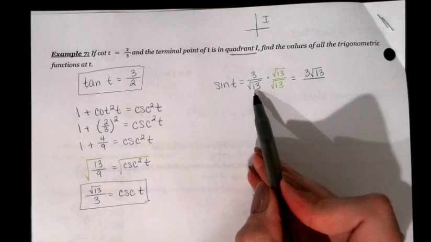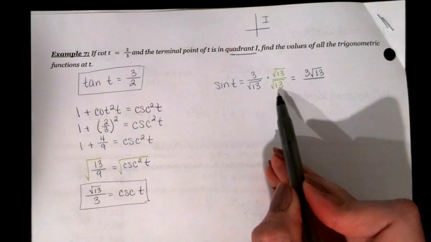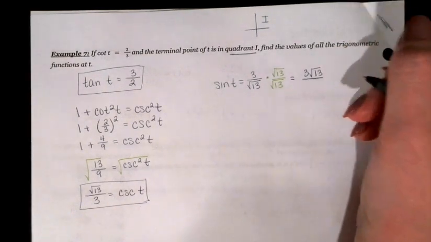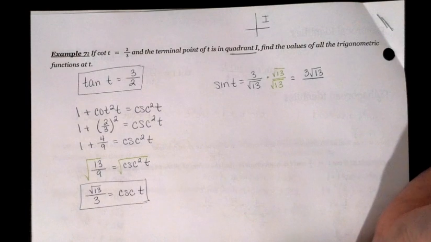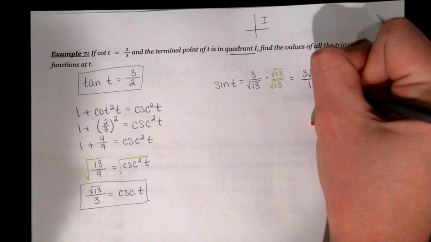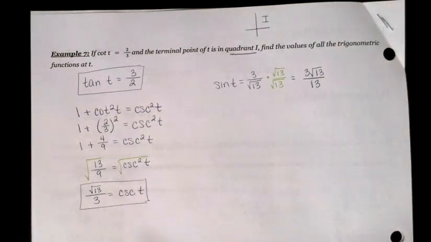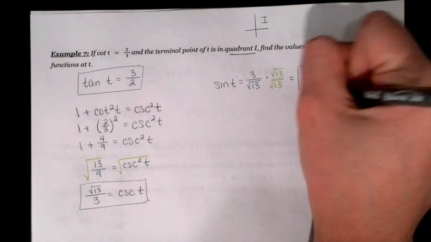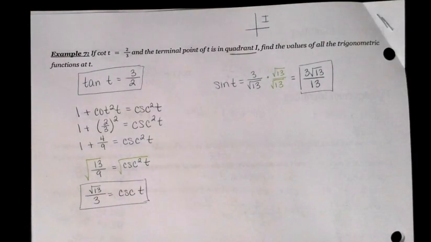When I multiply square root of 13 times the square root of 13, I would technically get the square root of 169, which ends up being 13. So the square root is gone for my denominator. And then this is my final answer for sine of t, since my radical is now not in the denominator.